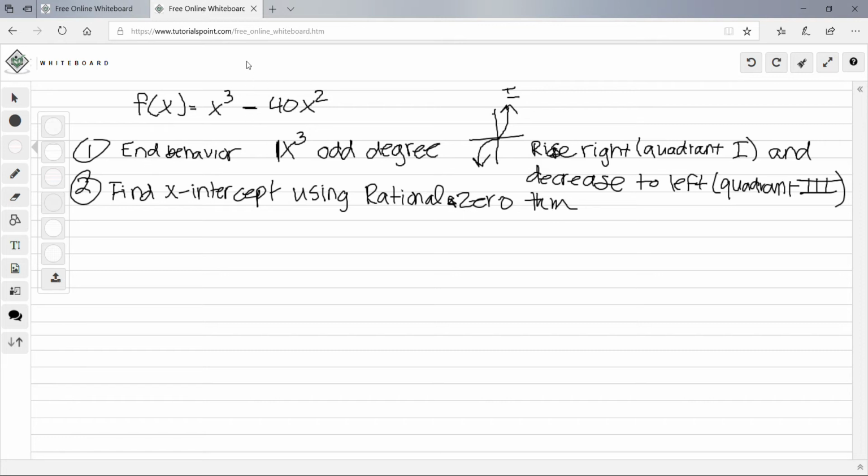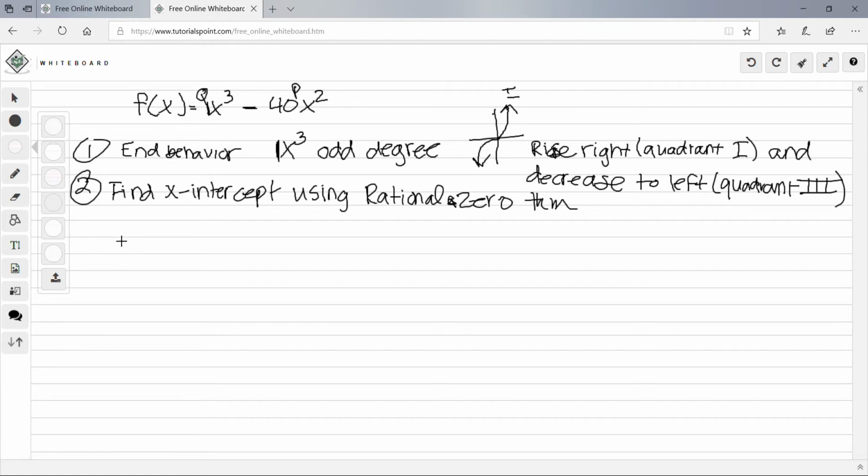So remember, the 40 is going to be our p, and the 1 is going to be the coefficient. So p is always the last term, which is negative 40 x squared. So we look at the coefficient, so negative 40, and then the q is our first term.